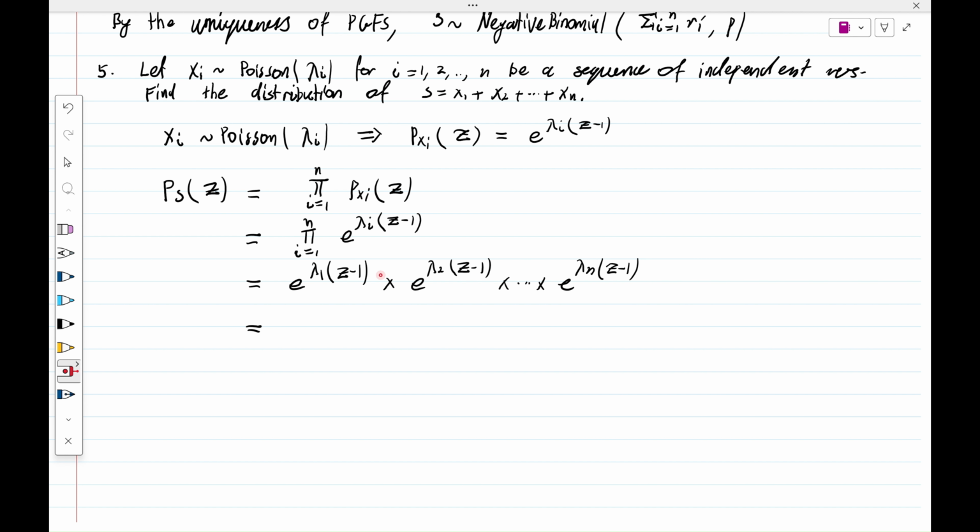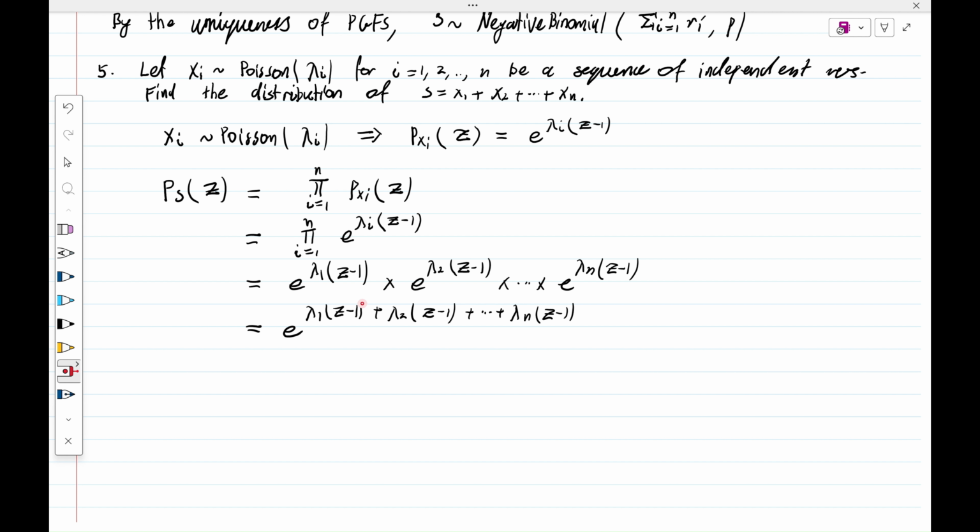Now, using our knowledge of powers, when you have the same base multiplied by itself with different powers, that is the equivalent of taking the base and adding the powers together: lambda 1 (z - 1) plus ... plus lambda n (z - 1).